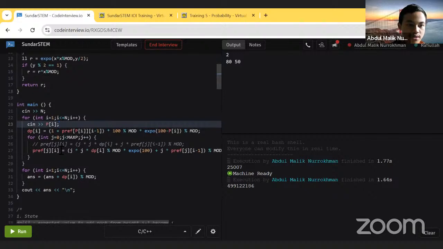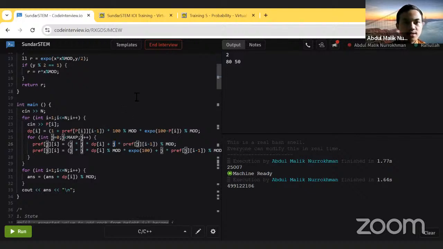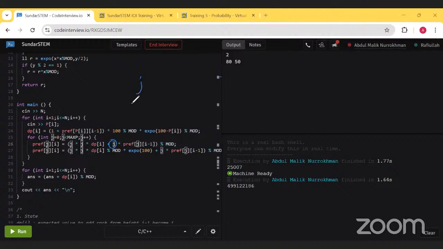The bug is in this formula. I already implemented it here, but I forgot that the value of j here means j%, right? It means we have to divide it by 100. So this is not just j, but j divided by 100.